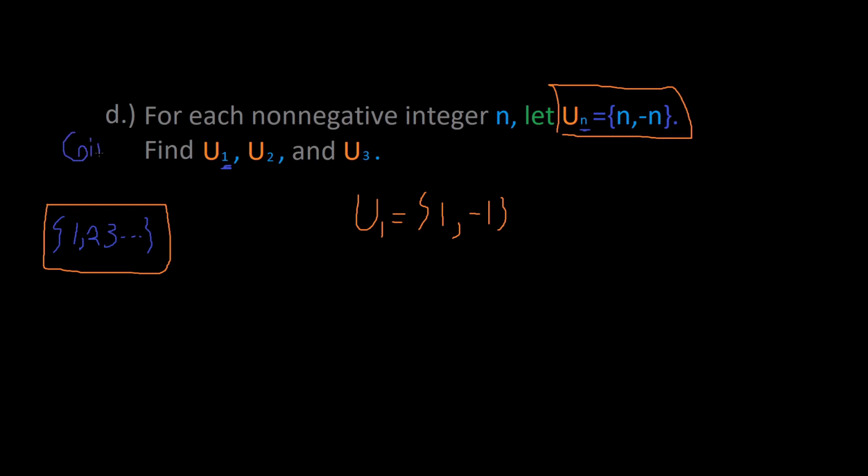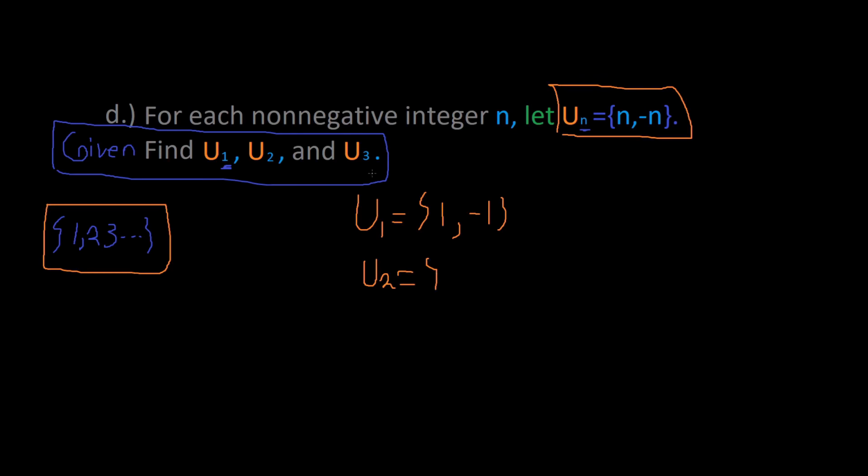It gives us what we need without much thought of having to think about infinity and stuff. So we don't have to think about infinity because they already give us what we need to think about. So we already know that we only have 3 sets right here.